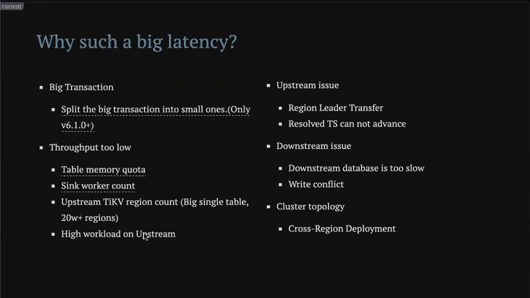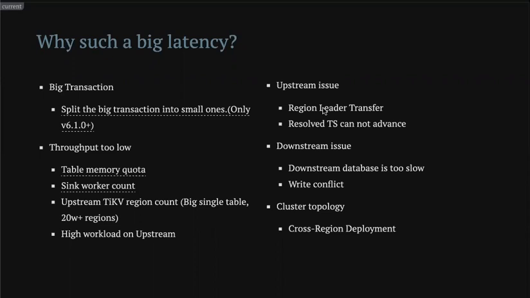Also, if your workload is too high on the upstream, it will cause a big latency, because maybe TiCDC can't catch up with the upstream. The workload is too big for TiCDC. There are also some upstream issues, for example, region leader transfer.